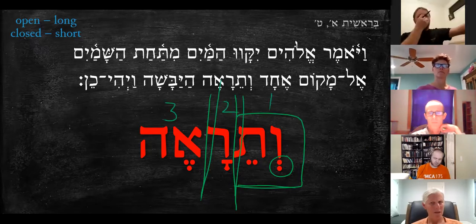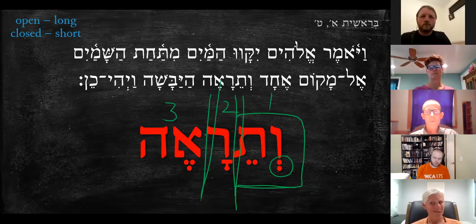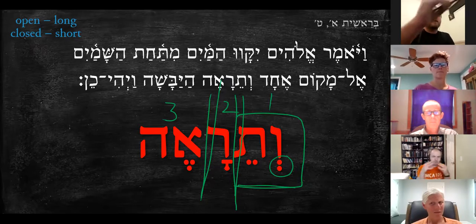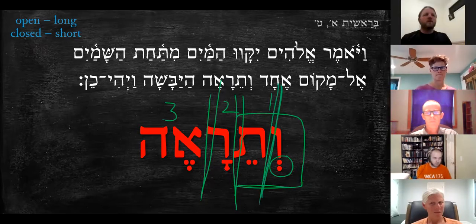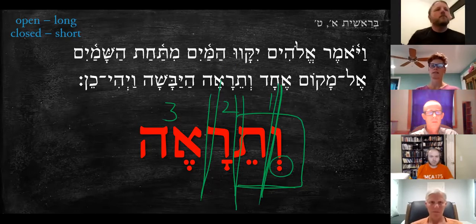Okay, so 1. Is 1 open or closed? Open. If we break it here, we could still say that it's open, but in this case the vowel has been reduced. So in Vetera'e, syllable 1 is open, and is the vowel accented or unaccented?